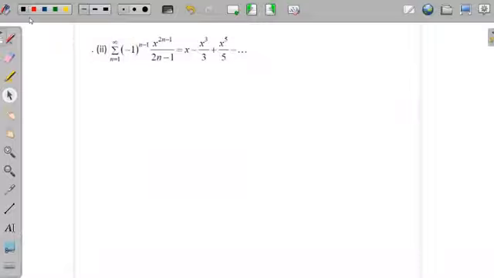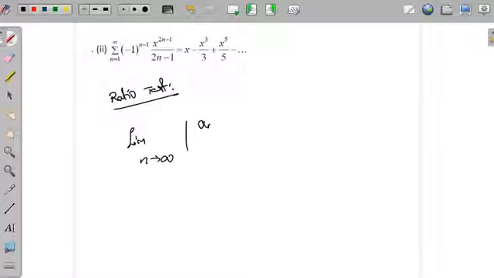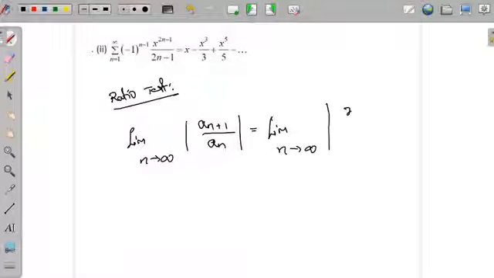Now let us look at this problem. Summation n equals 1 to infinity of (minus 1) power n minus 1, x to the power of 2n minus 1, over 2n minus 1. Same as earlier, you apply the ratio test. So I'm directly writing here: limit as n goes to infinity of the absolute value of a_(n+1) over a_n.